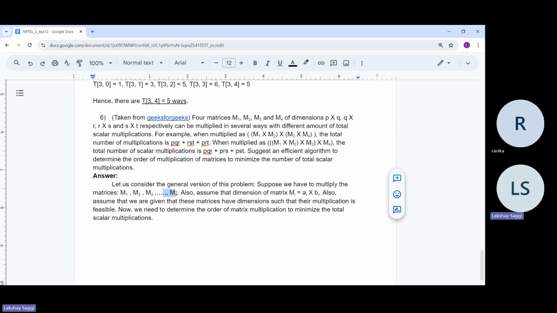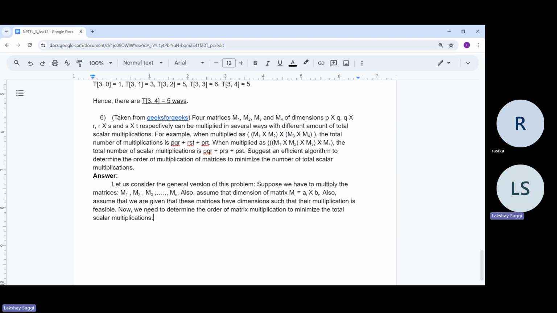I hope that makes sense: in the last step of matrix multiplication, when we are left with two matrices, the first will be M1, M2, M3 till Mi, and the second will be Mi plus 1, Mi plus 2, Mi plus 3 till Mn. And these two matrices now get multiplied. This is the final multiplication we'll be getting at.